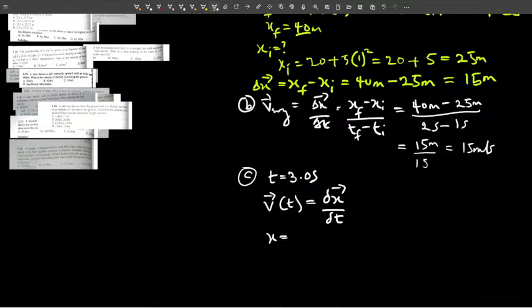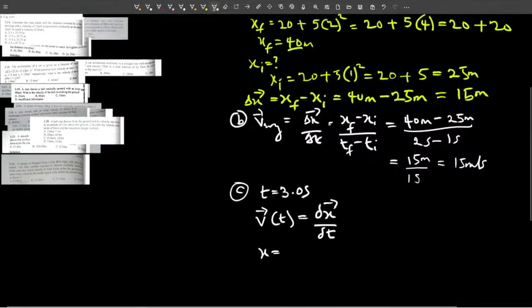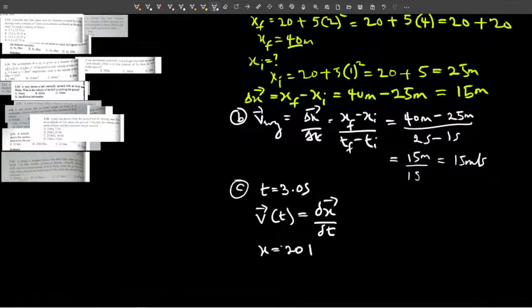Our x from our equation is 20 plus 5t squared. Differentiating a constant gives 0. To differentiate the power, the 2 multiplies the entire expression.